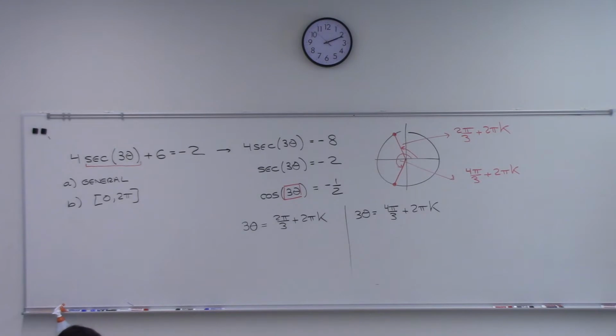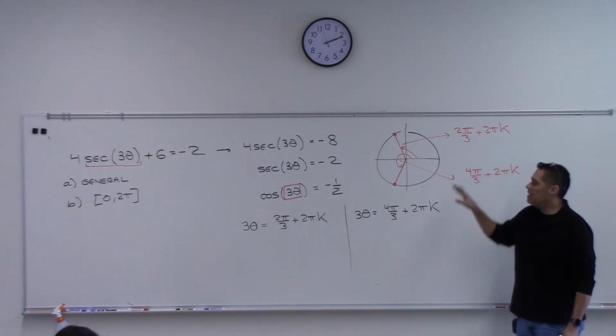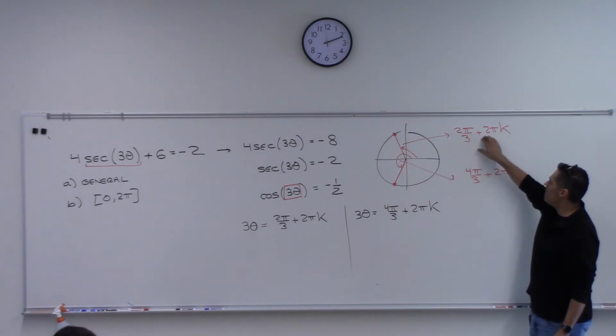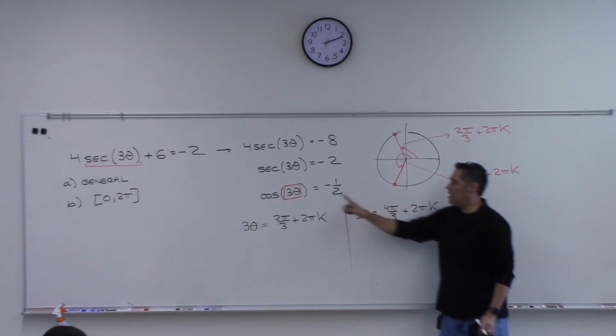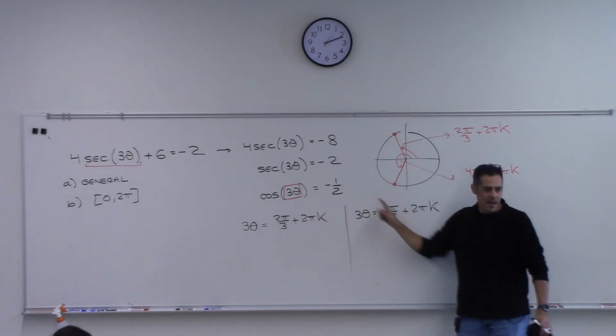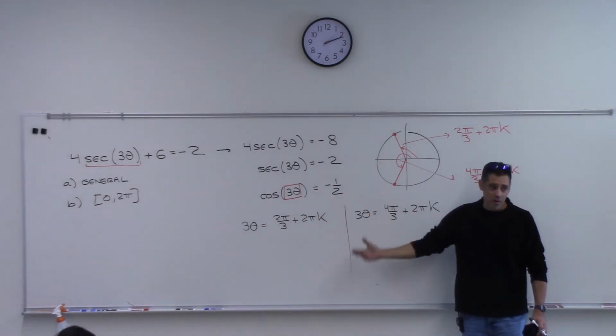Please don't forget that part. That's a big mistake I'll see students do. They do all this great, and then right here they say theta must be this or theta must be this. No, not quite. 3 theta has to be that, or 3 theta has to be that. And then you solve for theta.